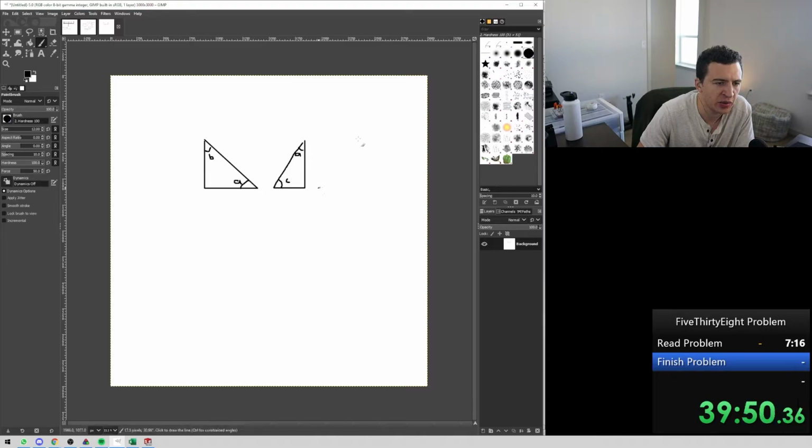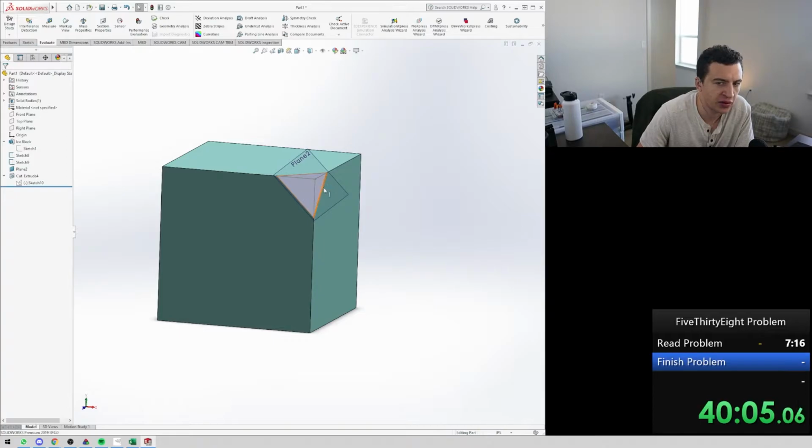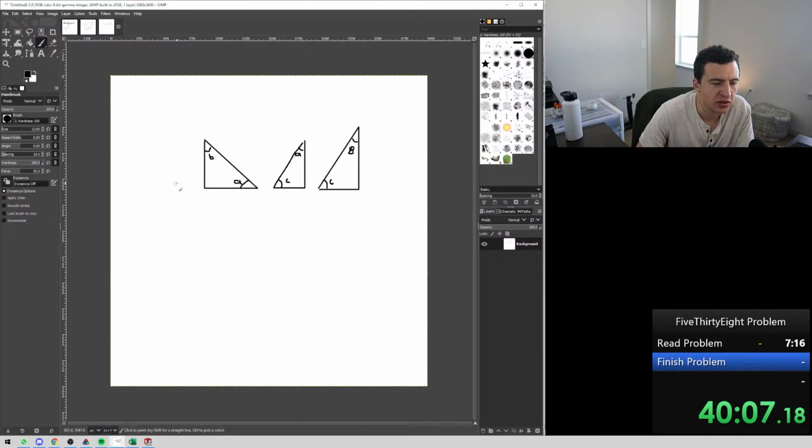This is not probably the best way to organize it, but whatever. That will be C and B. I might have lied. There are 4 triangles. And so the fourth one is not necessarily a right triangle because it is ABC.